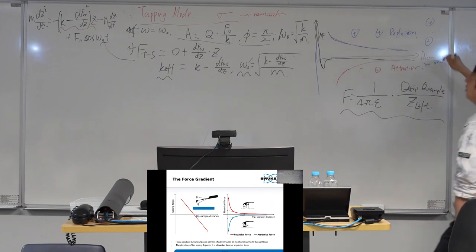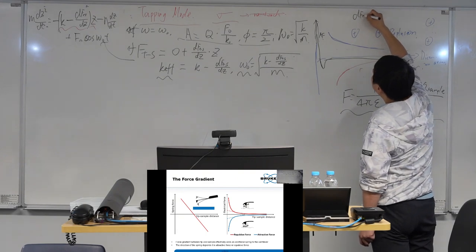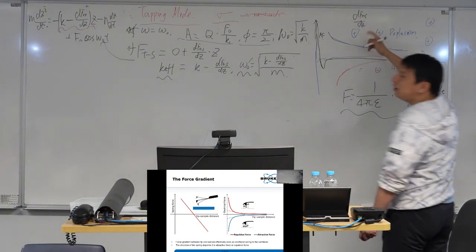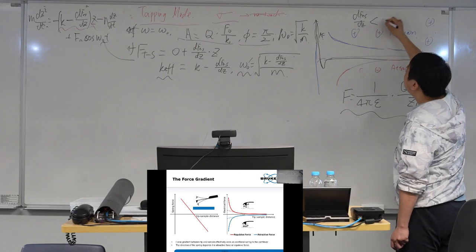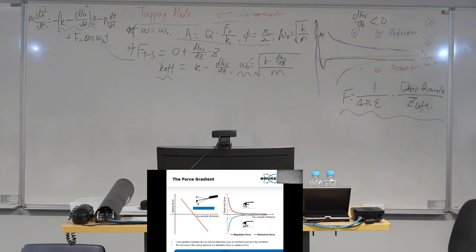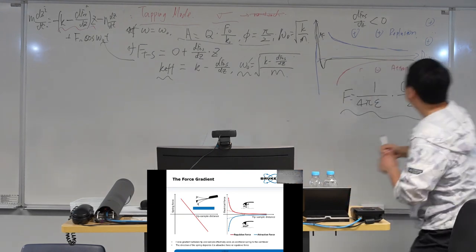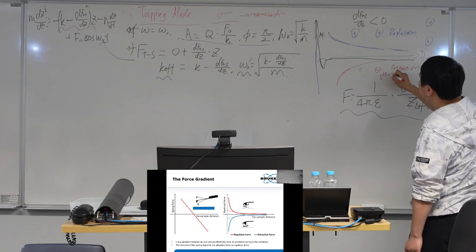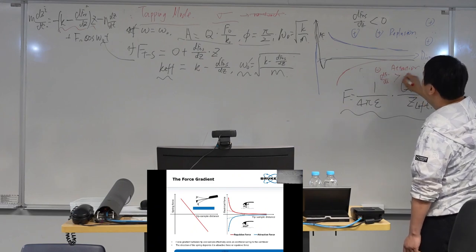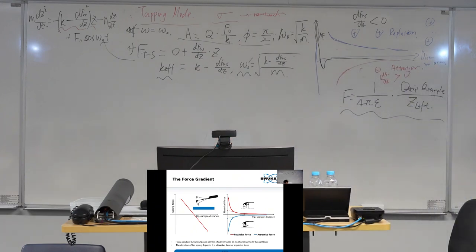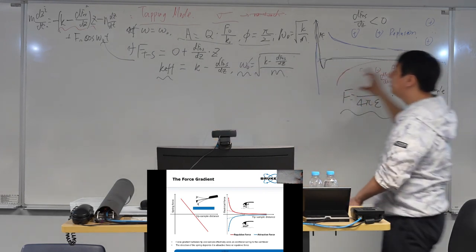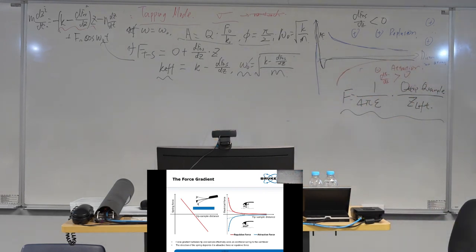So it means dFTS over dz, its gradient, will be negative, right? And if it's attraction, its dFTS over dz will be positive, right? That's the property of the electric field.